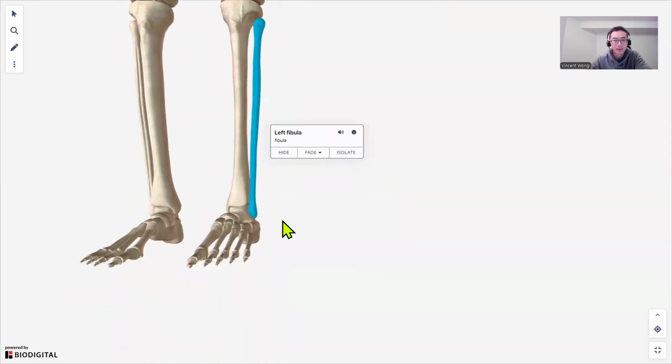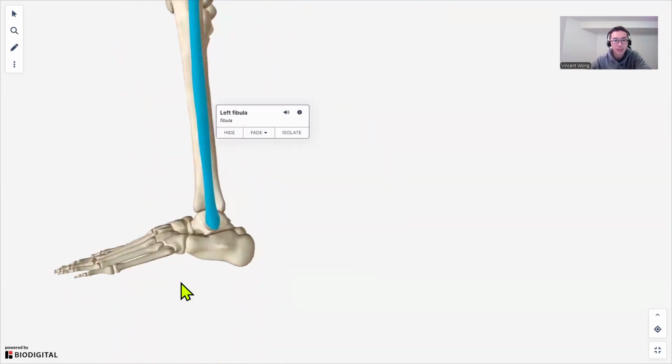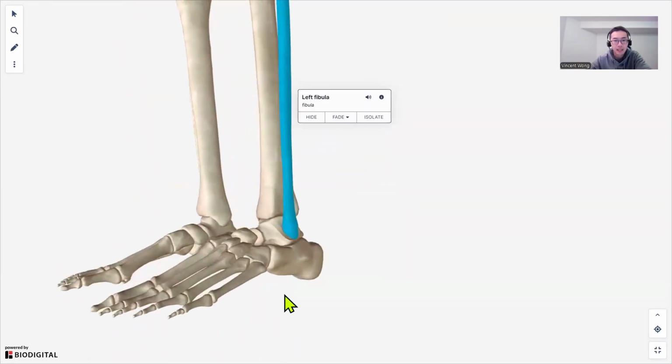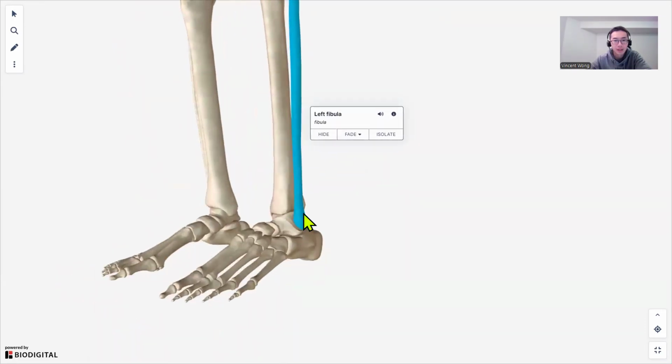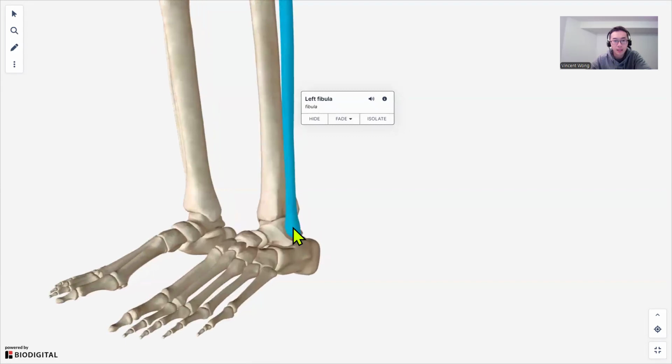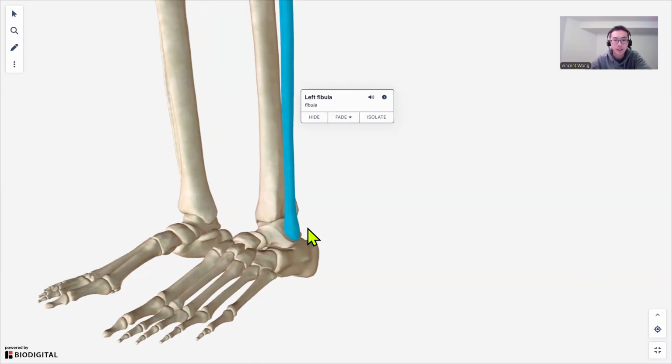All right, let's take a look at the foot right here. On the side of your foot, there's a little round knob. That's actually part of the fibula right here.